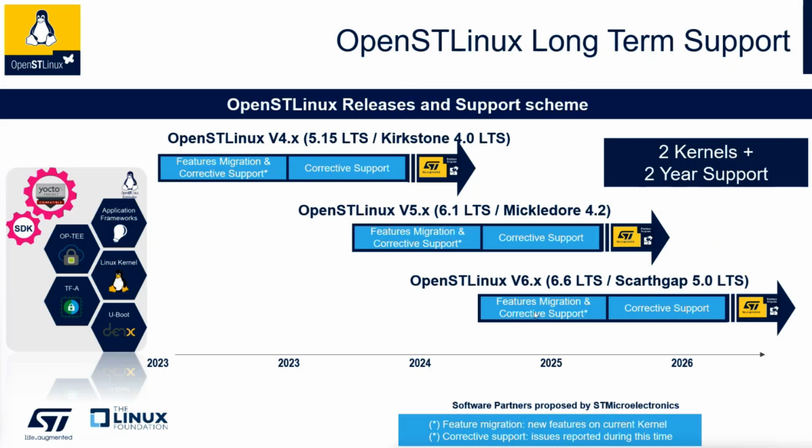Just a few words about this. We make a delivery every year. We have 2 deliveries, 2 branches in parallel. These deliveries are based on the Yocto project.